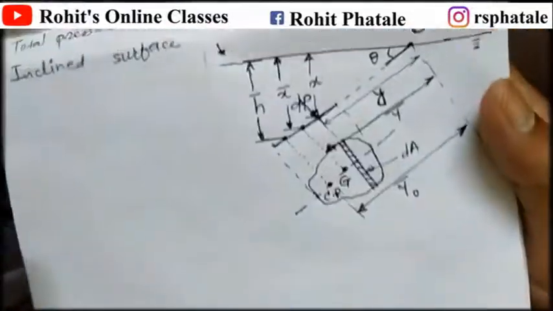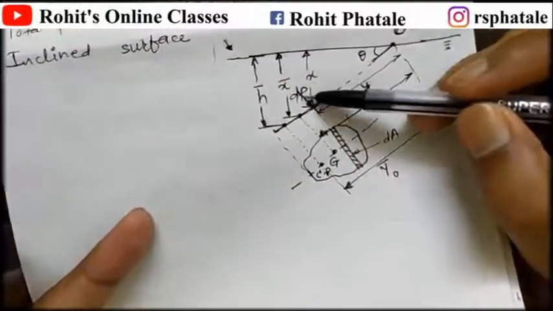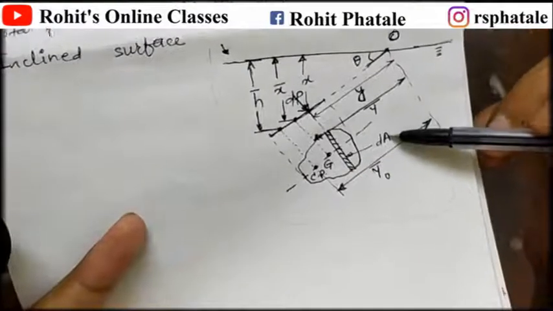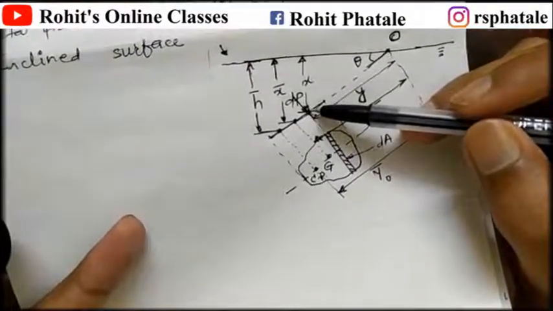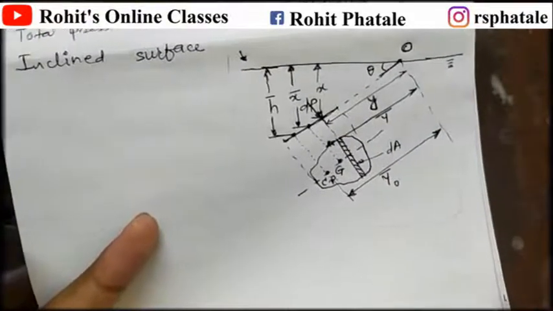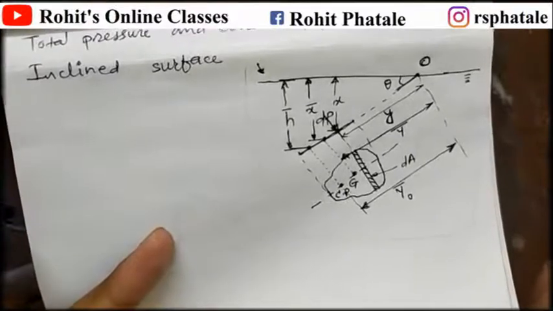This is our total pressure coming on this small area dA of the strip, and we have shown this pressure. Pressure always acts at 90 degrees, or always acts normal to the surface.